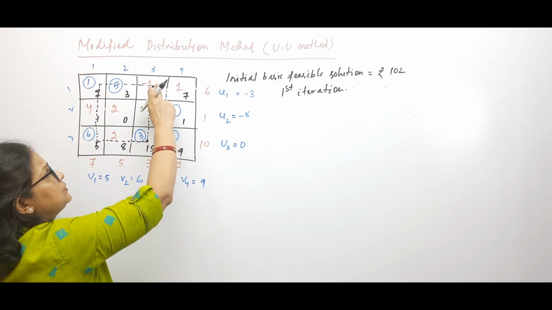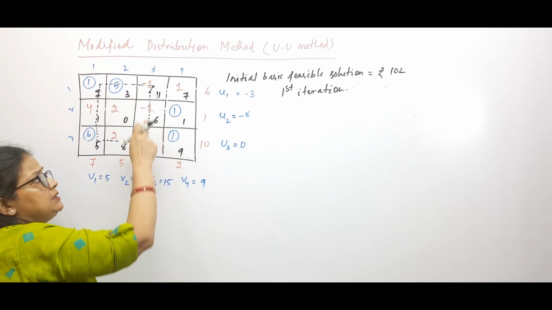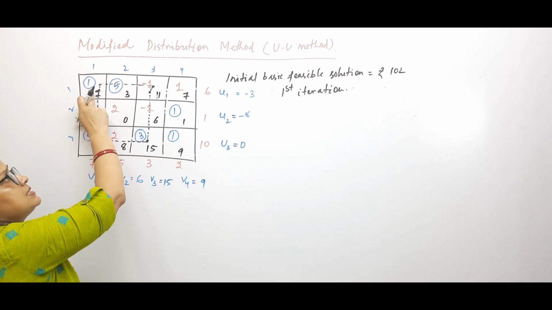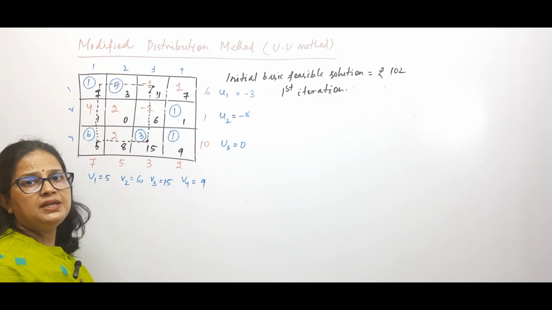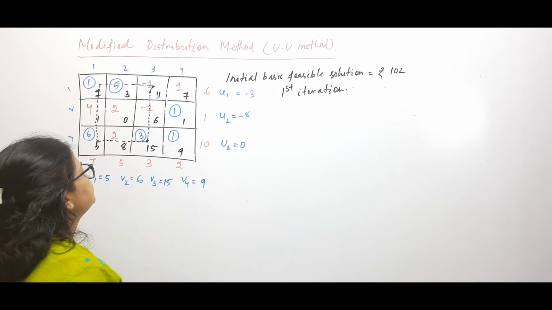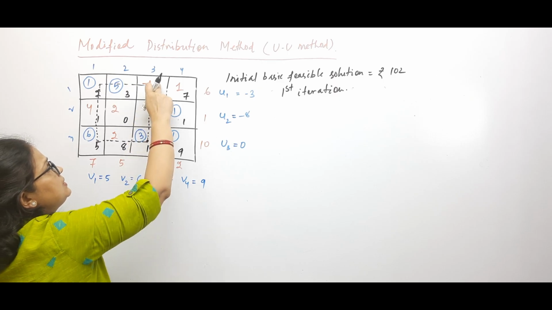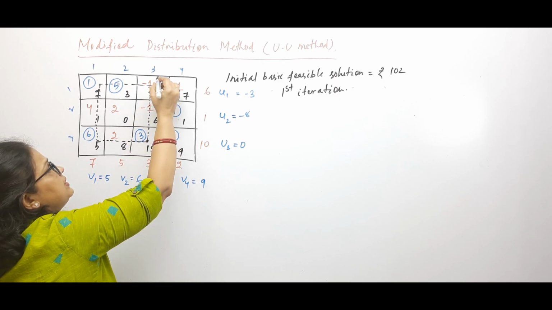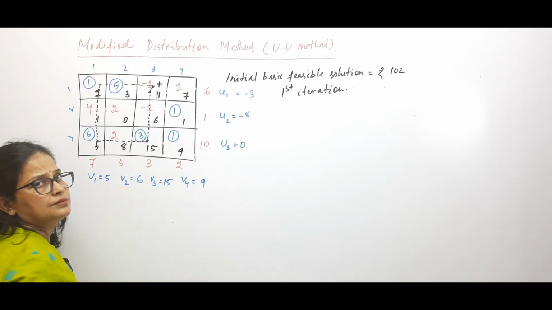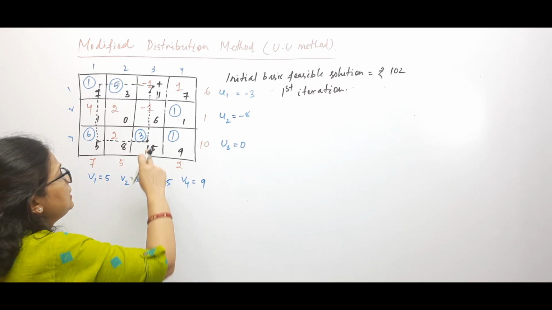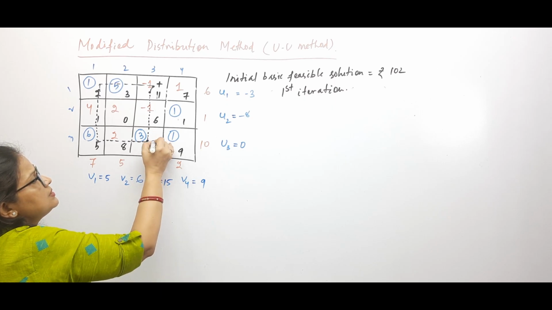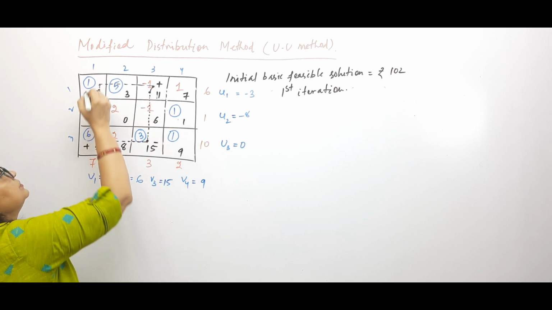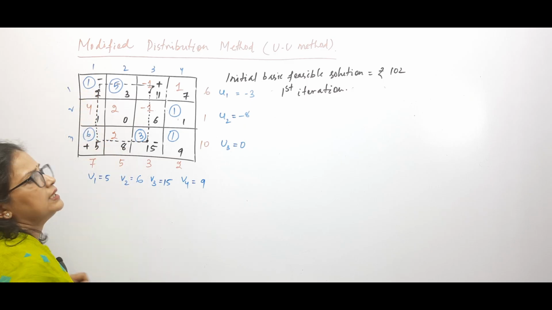The loop starts from the delta value, but needs allocated cells to complete. Here it is a negative number, so make this one positive, and the alternate corners positive, negative, positive, negative, like this.